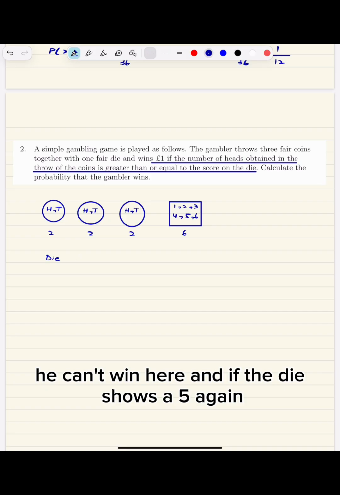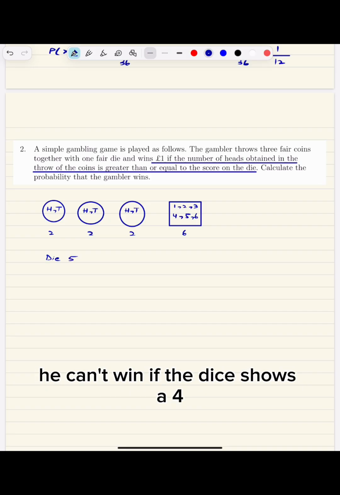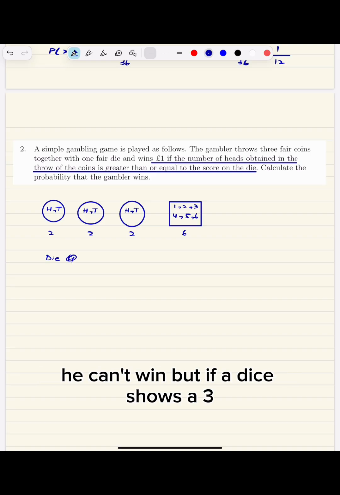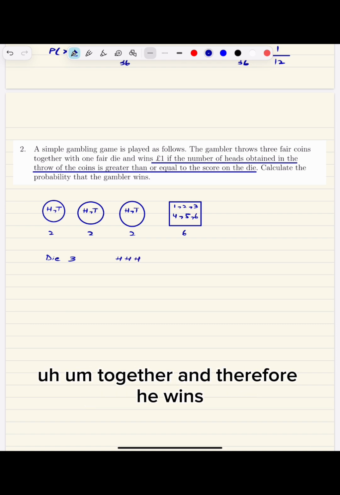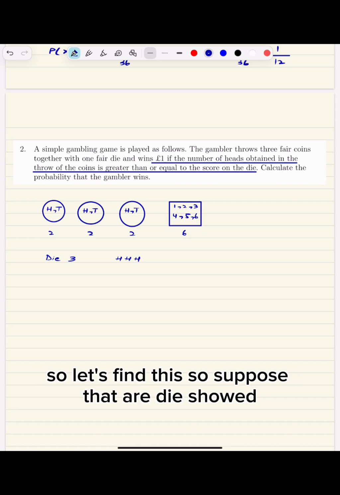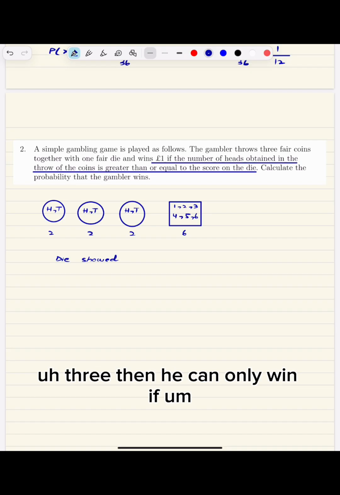And if the die shows a 5, again he can't win. If the die shows a 4, he can't win. But if the die shows a 3, then there is a chance that he gets all 3 heads together, and therefore he wins. So let's find this. Suppose that our die showed 3.